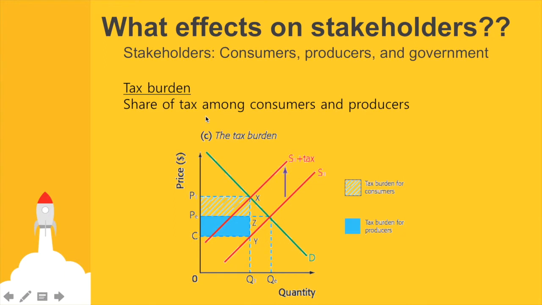Okay, the last stakeholders are both consumers and producers, but it's the tax burden, which is the share of tax among consumers and producers.